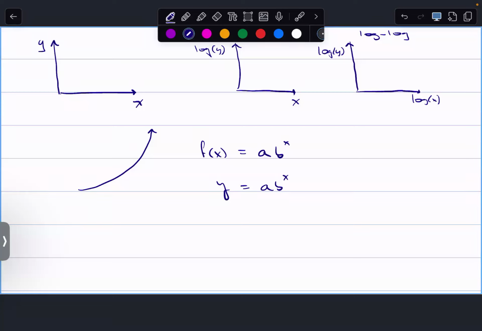And so now, when I take the log of y, what happens to this side? So now, if I take the log of y, then I take the log of a b to the x.